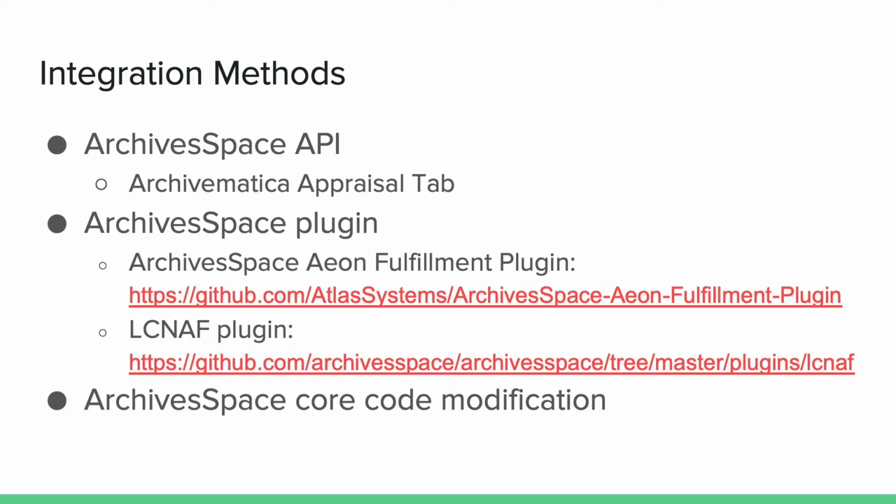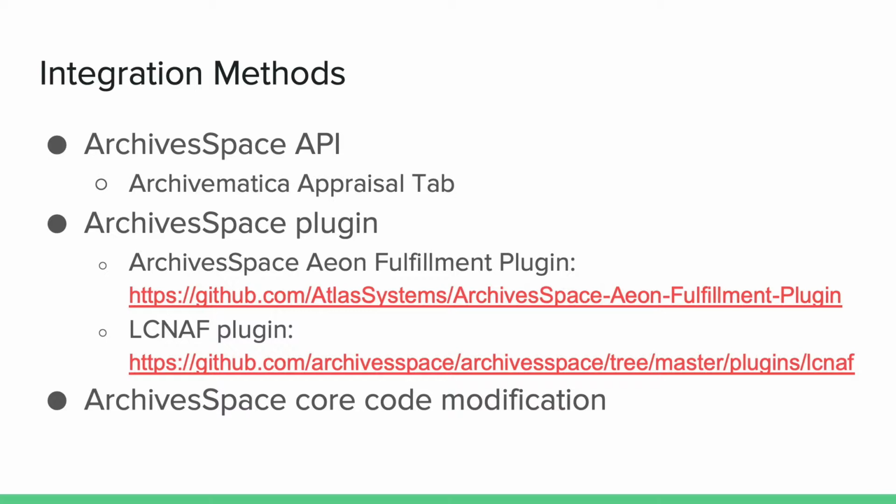Some other examples are through ArchivesSpace plugins. So this is where most of the integration work is happening within ArchivesSpace through its plugin architecture. So examples might be making requests from ArchivesSpace to Aeon, or the Library of Congress Name Authority File plugin, where you can search for entities in the Library of Congress and pull those into ArchivesSpace.